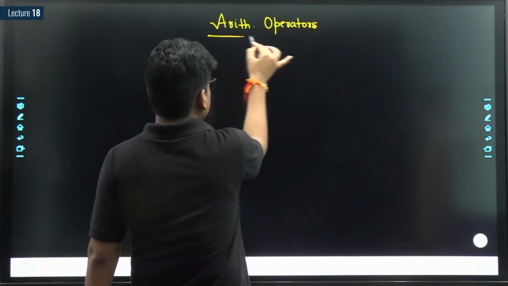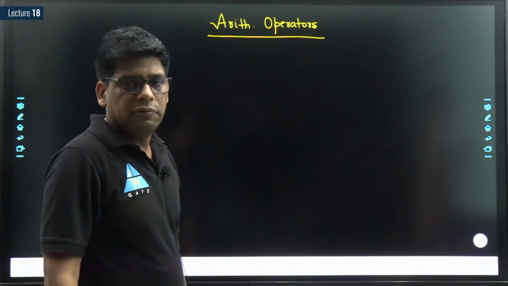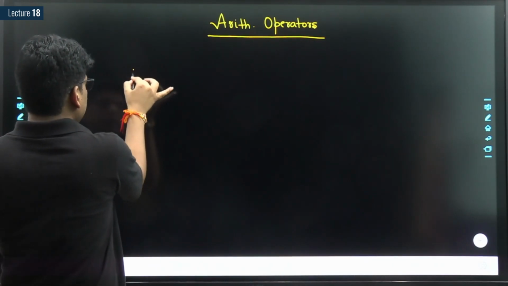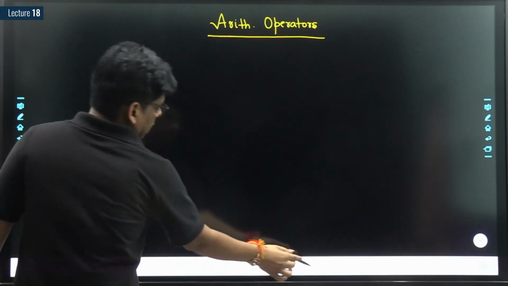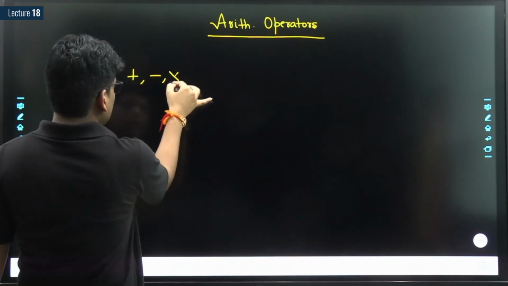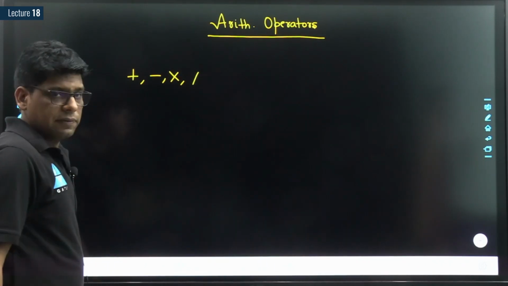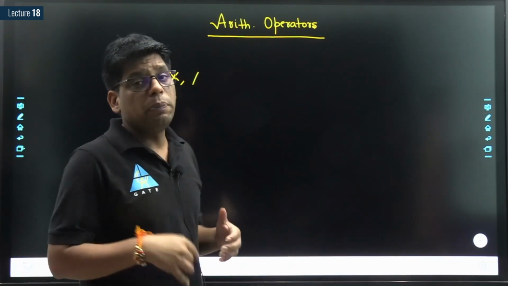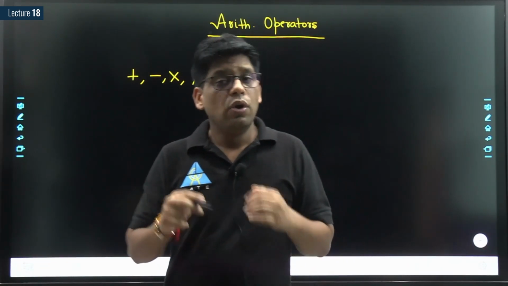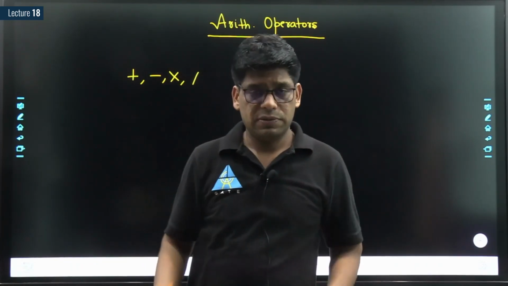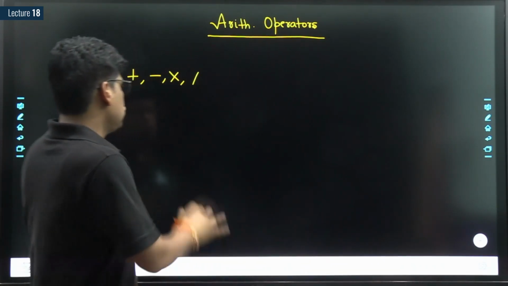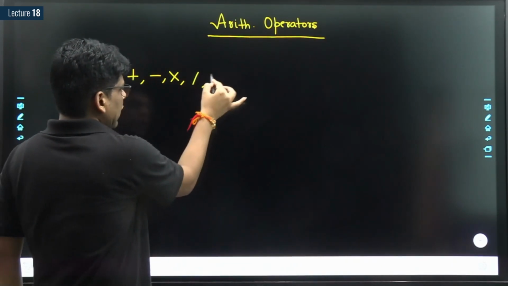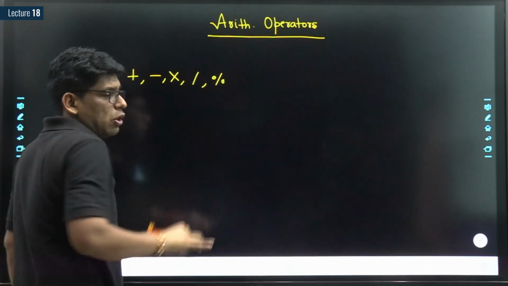Sir, in mathematics we also have arithmetic operators. What are they? In mathematics, we have arithmetic operators like plus, minus, multiply and divide. What is the purpose of them? To perform arithmetic operations. In programming languages, we also have these operators, and in addition to them, we also have something called the modulus operator.